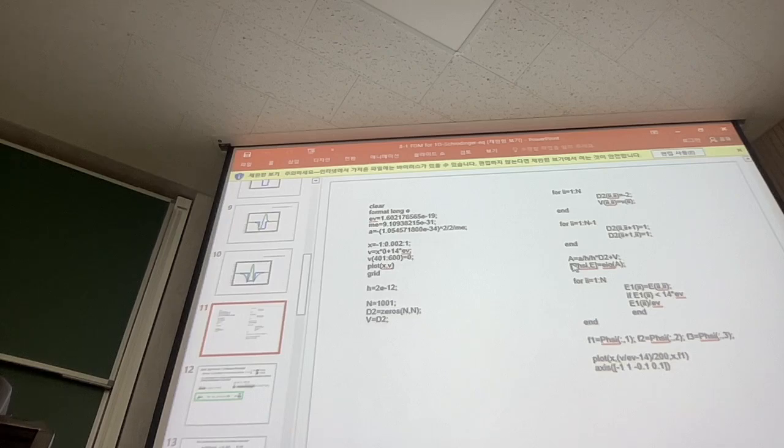Right, so let's assume that there are 2 eigenvalues, E1. If we start sampling the solution psi of x from x equal to minus 5 to 5, for example.